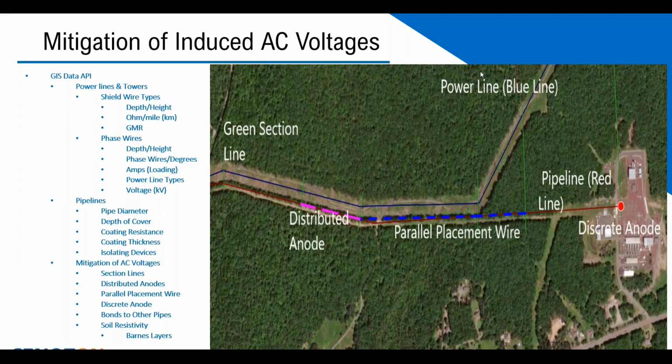We can identify soil resistivity changes, or anything that would cause an increase or a decrease in induced voltages. This is one of the reasons this system is there, because we can see the terrain, see what's going on, and get a better assessment by placing section lines, also to determine where our mitigation begins and ends.